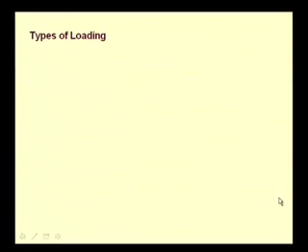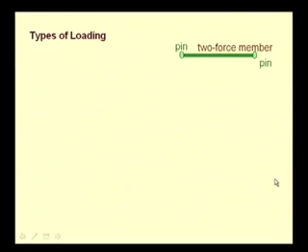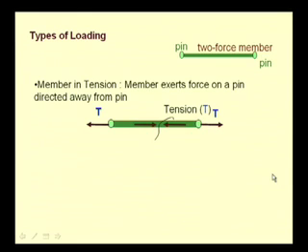Before we proceed to analyze the structure, that is the truss, we have to see what kind of loadings occur in the individual members of the truss. We have seen already that these members are two force members and thus they can be subjected to a tensile force.